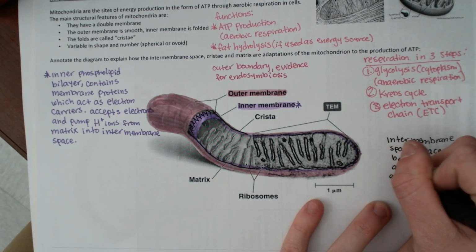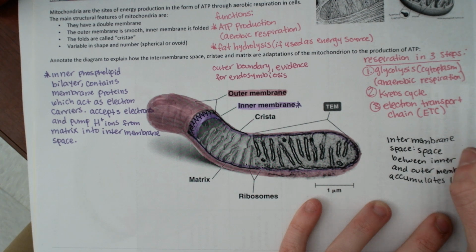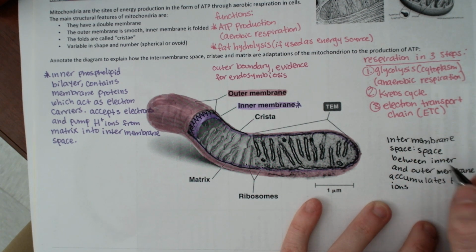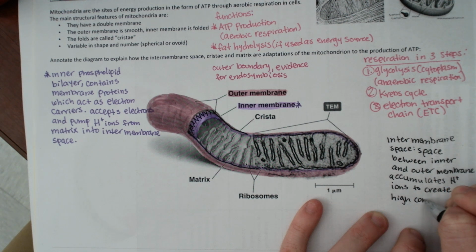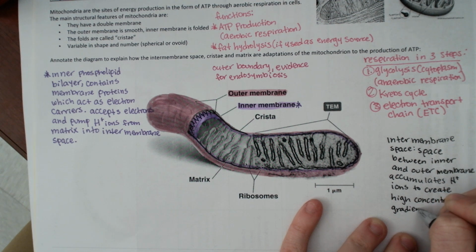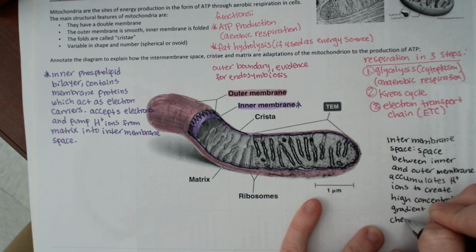Accumulates positive hydrogen ions to create a high concentration gradient for chemiosmosis.